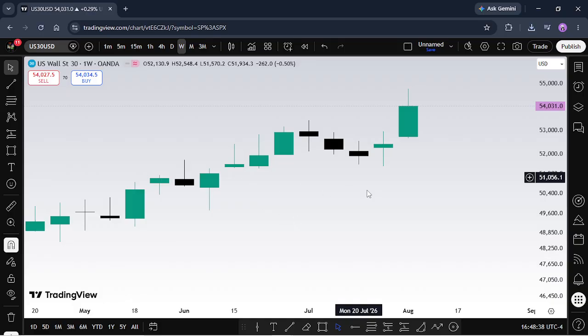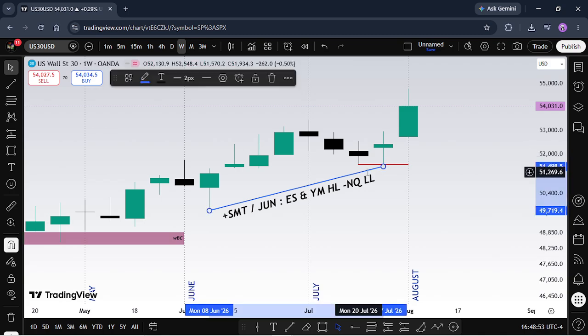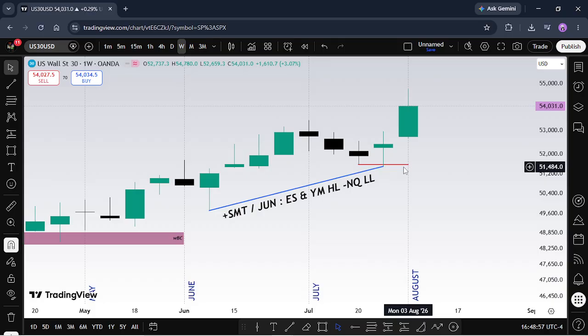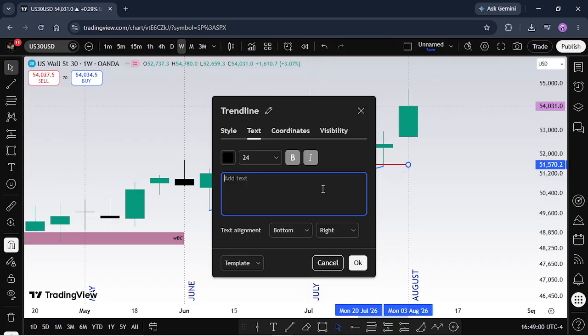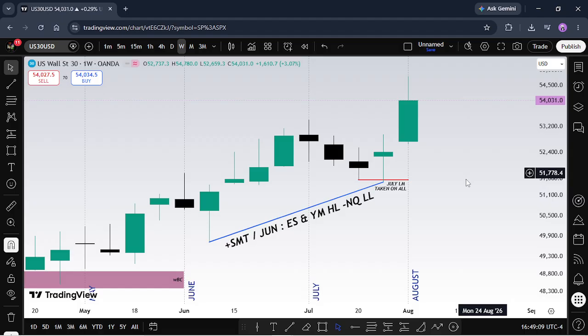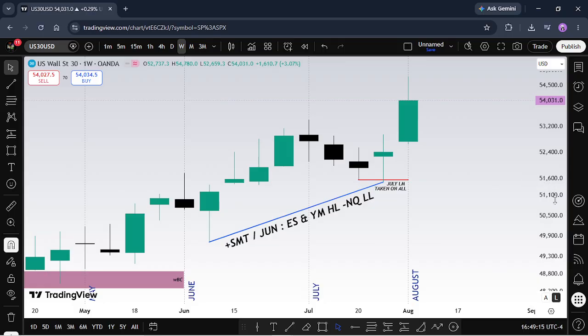What I was saying was black was the low from June, the low from June to July. Let's take that. Control V. I don't know where the V came from. This is supposed to be Control P for paste. But okay, it's fine. We can leave it black.